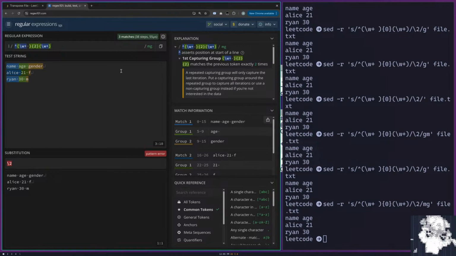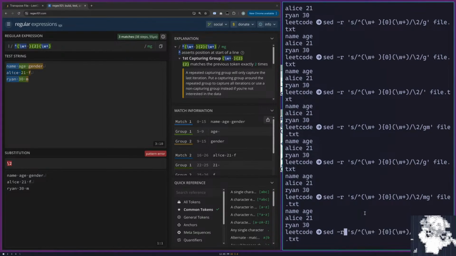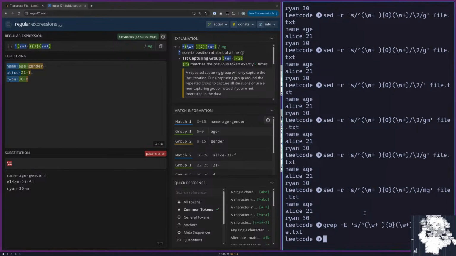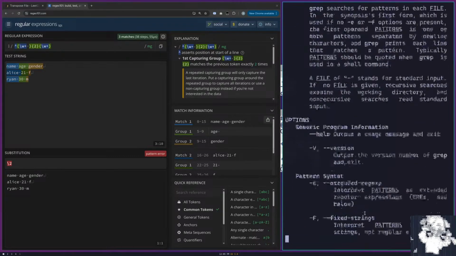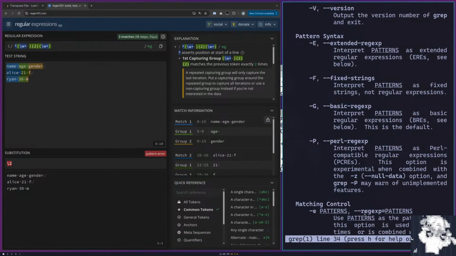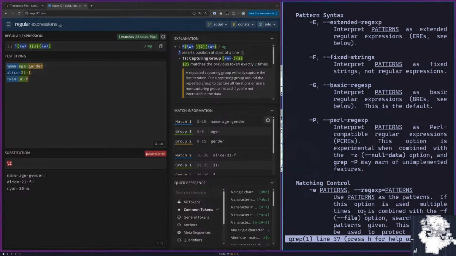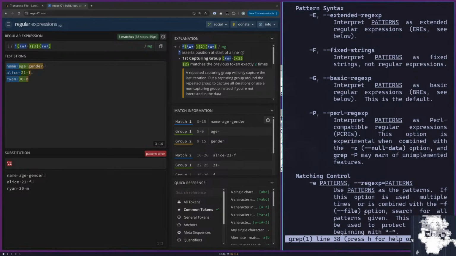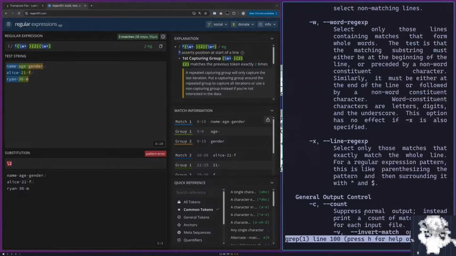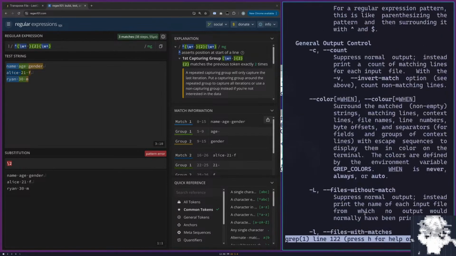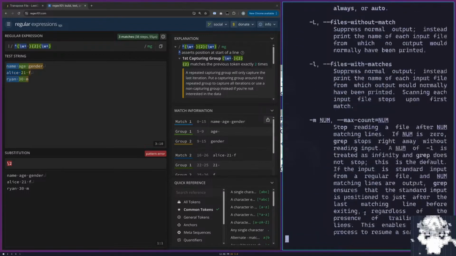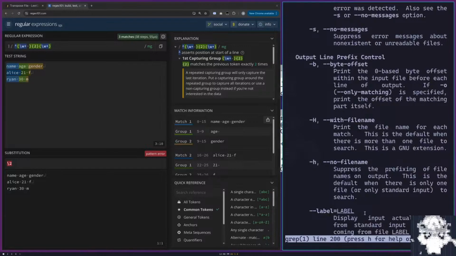Maybe I could try learning grep -E syntax. Interpret patterns as extended regular expressions. ERE, see below. Where below?